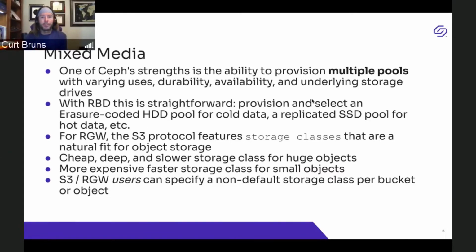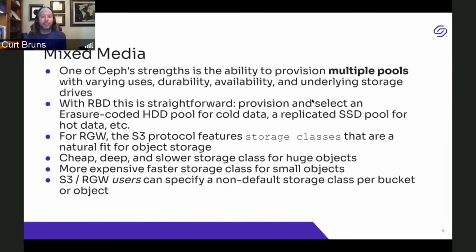So you can put these large objects in this kind of cheap pool of, say, hard drives or high capacity SSDs, and then create another pool. You would do an erasure coded HDD pool for cold data or large objects that aren't touched very often. But for these small objects that require quick access, you could do a replicated SSD pool. Call that hot data, if you will.